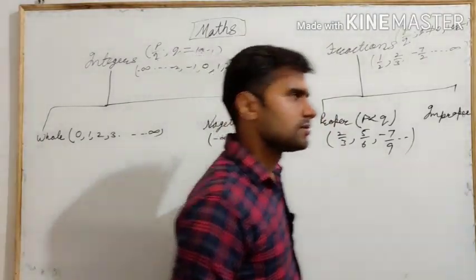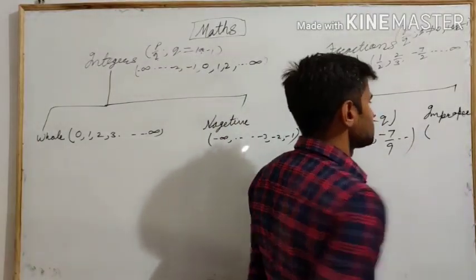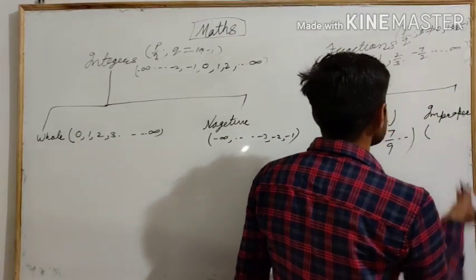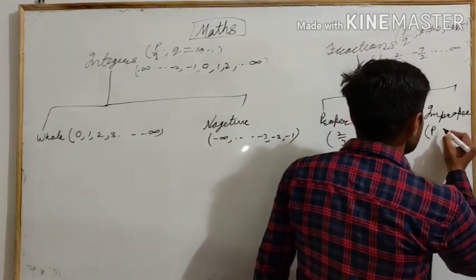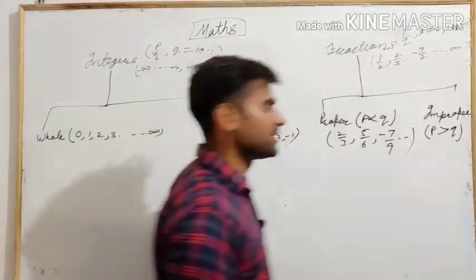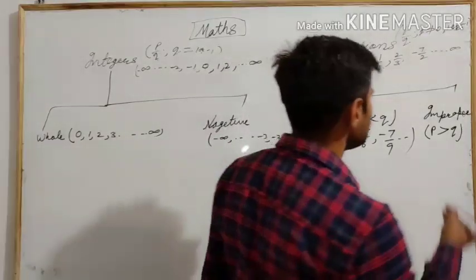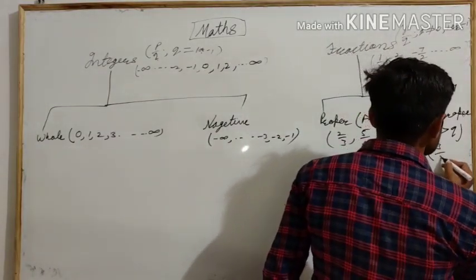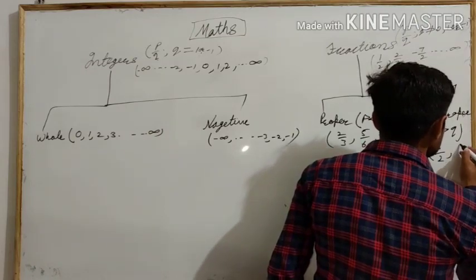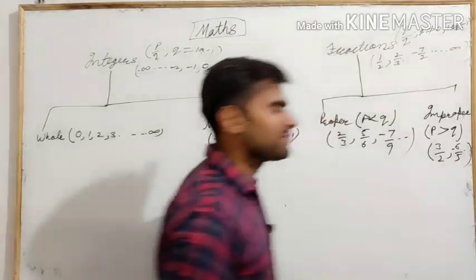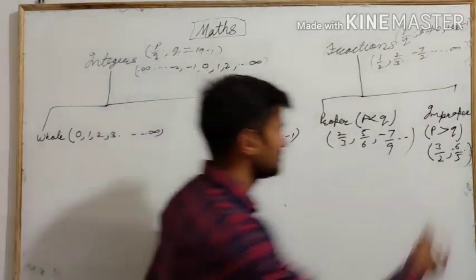and so on. Next, improper fractions have a numerator greater than the denominator. It means 3 upon 2, 6 upon 5, minus 6 upon 5 and many more examples of this.